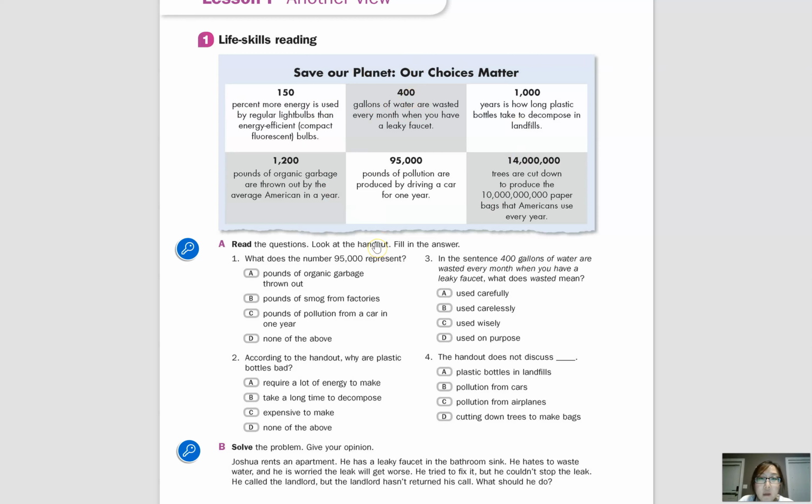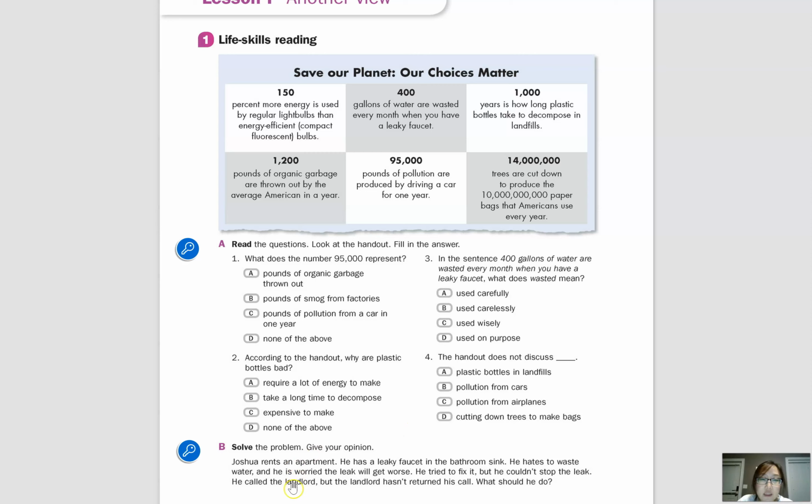Now, when we see this kind of information, especially with numbers and what they represent, it's very effective to use a very specific kind of graphic organizer called an infographic.